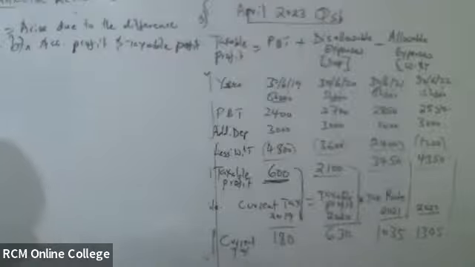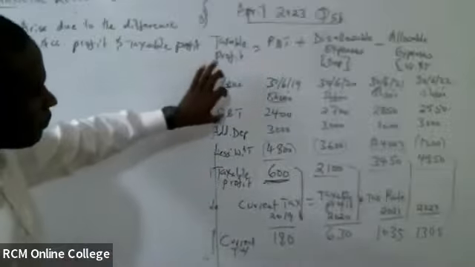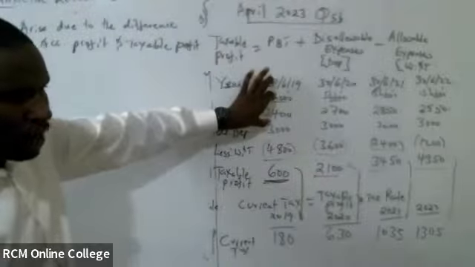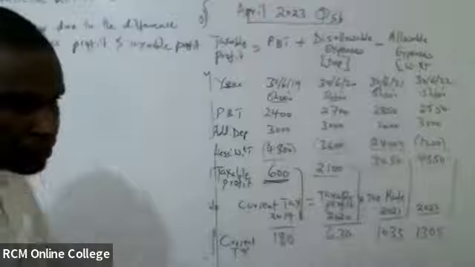Now, for instance, if we look at year 2019, how much tax was this company supposed to pay as far as the accounting profit is concerned?